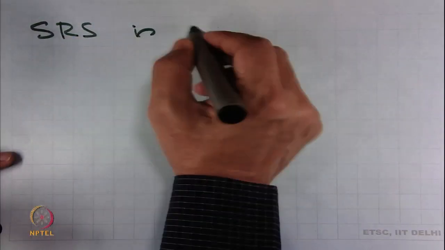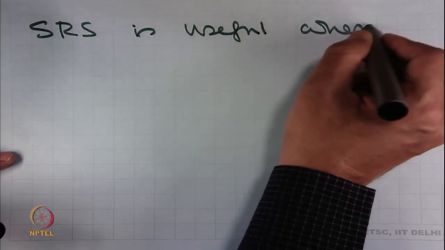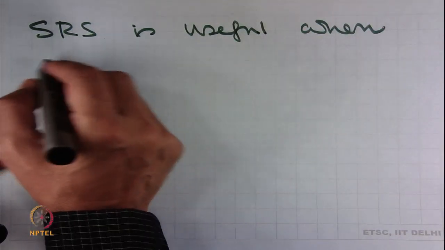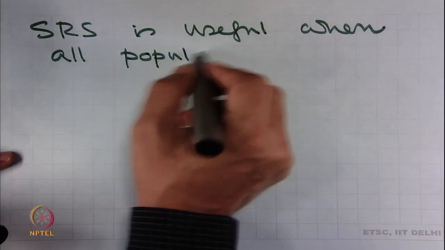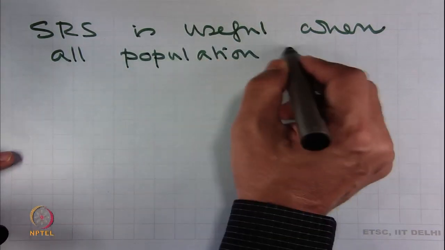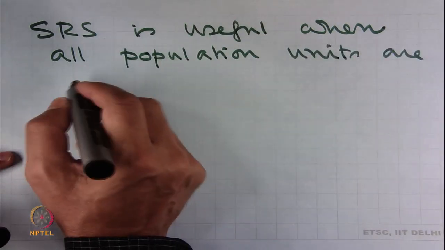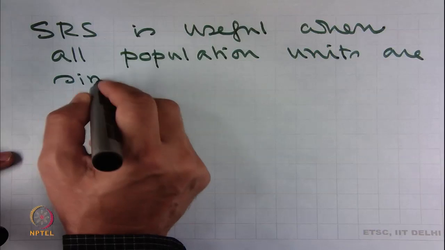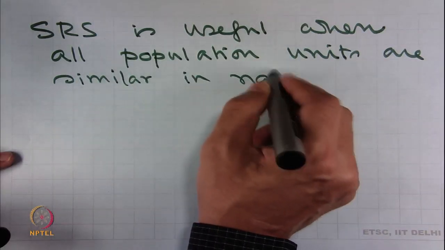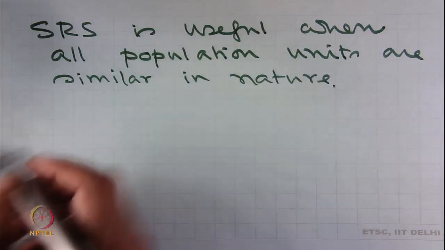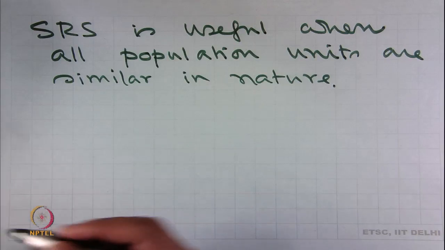Simple random sampling is useful when all population members or all population units are similar in nature. But in reality, that need not be true.